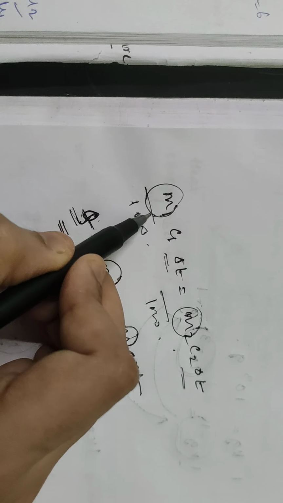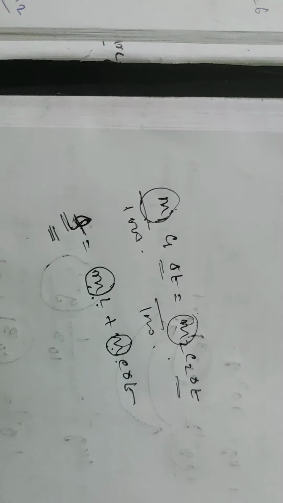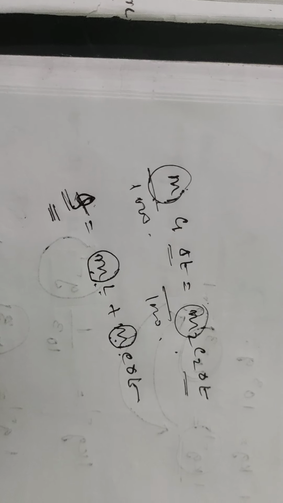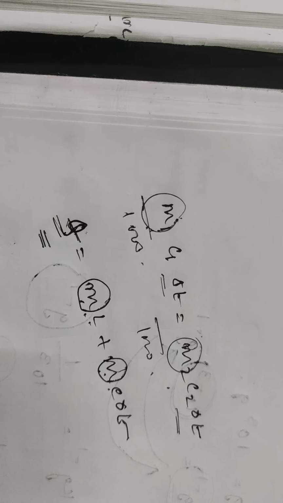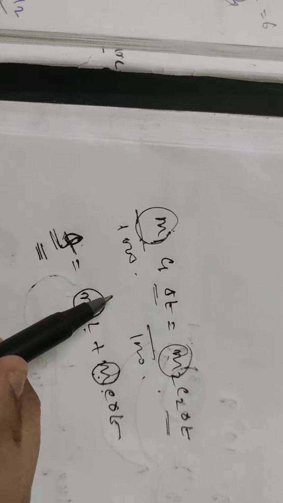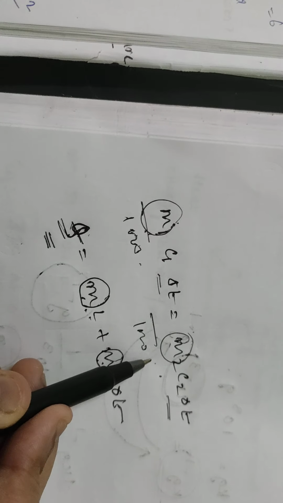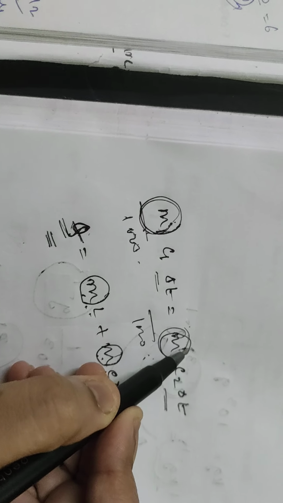About this case, I want to mention one thing. If suppose m1 is given in gram and m2 is given in kg, then you have to convert both to the same unit. If I am converting to kg, then convert both to kg.